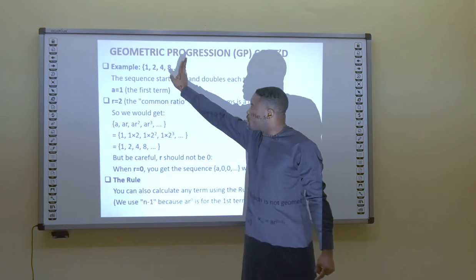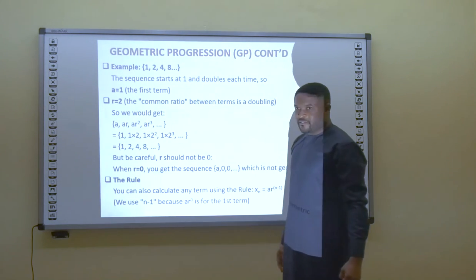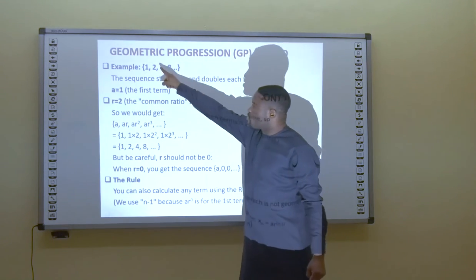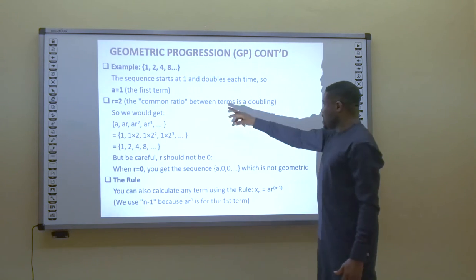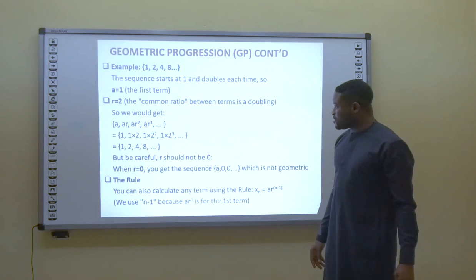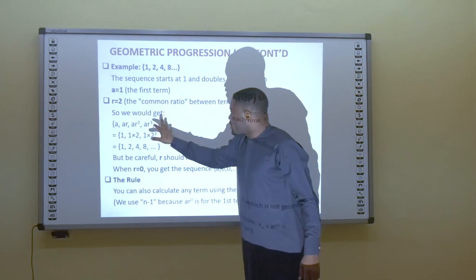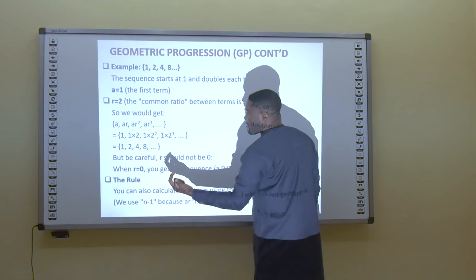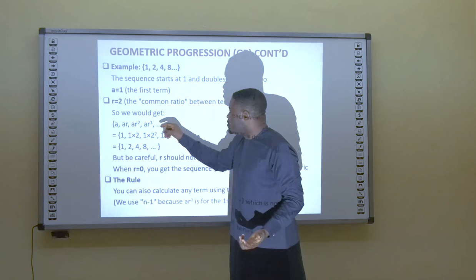So in this sequence, a equals 1 is represented as the first term, and r, which is the common ratio, is 2, because each of these terms doubles as they move across the sequence. So now we get that the first term is a, and the second term is ar.